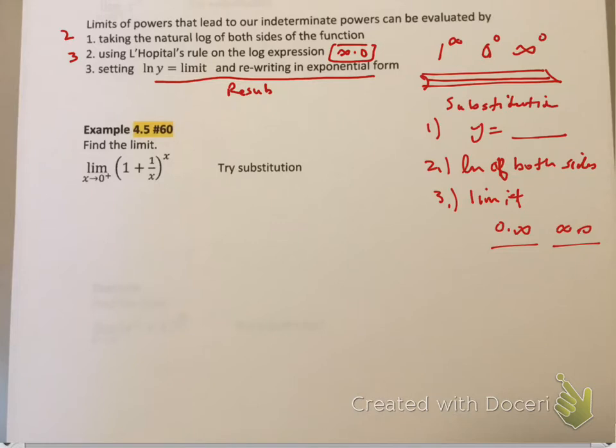Then the last few steps are that you find the limit after you rewrite it, and then you have to resubstitute. These are the steps that I'm going to go through.